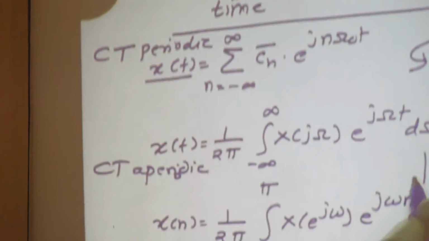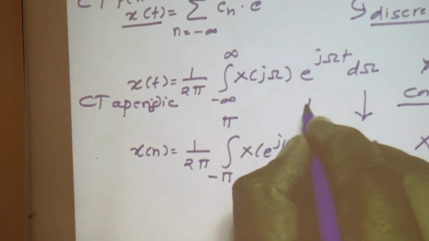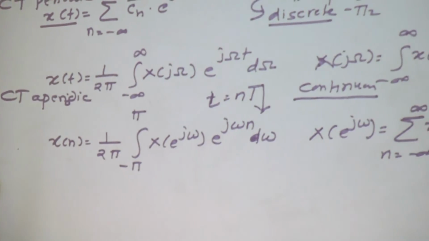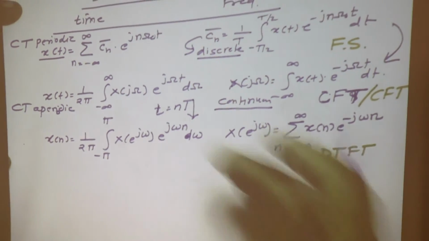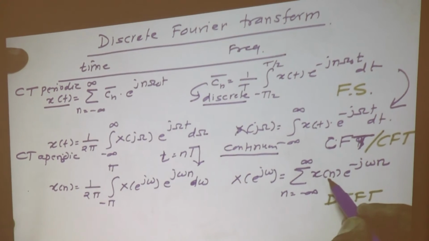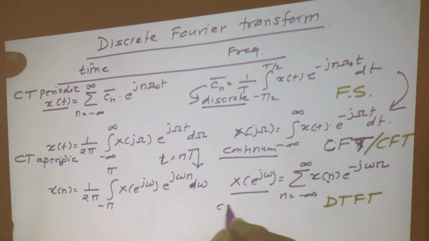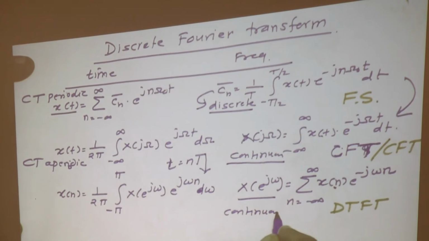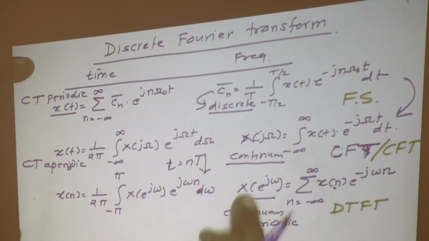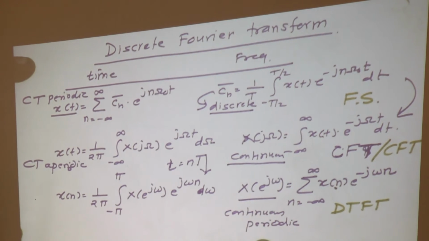From here to here, how did we go? Small t is equal to n times capital T. We use sampling here. Sampling means x(t) becomes x(n). So this remained continuous but became periodic. X of e to the power j omega is continuous and periodic.